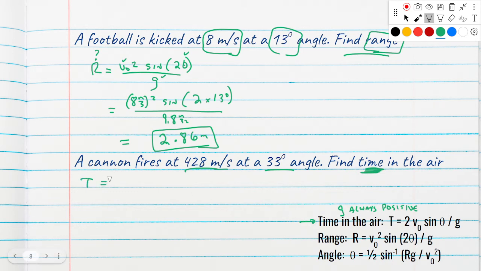And you go T equals 2V naught sine theta, just a single theta here, over G. And the V naught is 428 meters per second. Sine of 33, that's my angle theta. And I want to divide that by G, 9.8.